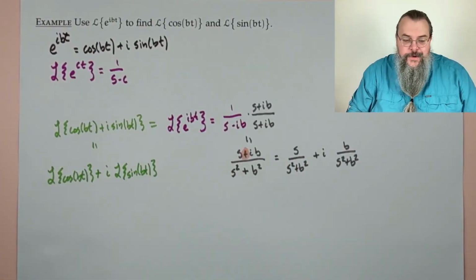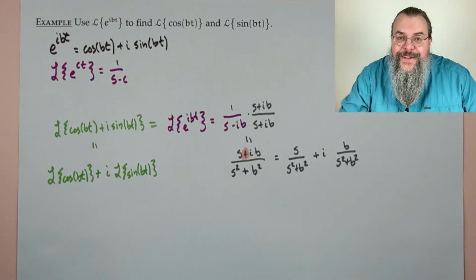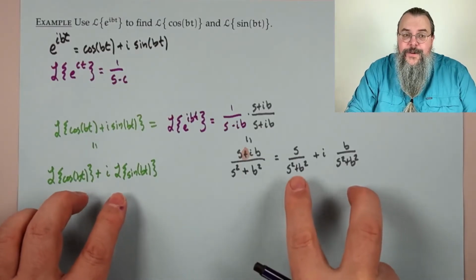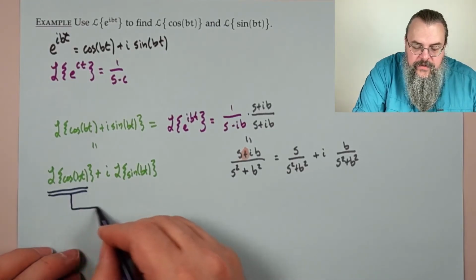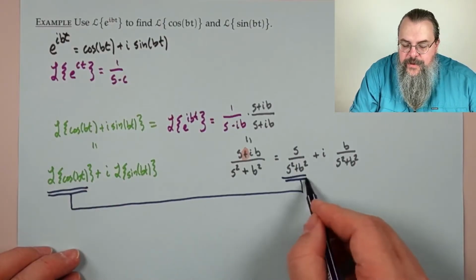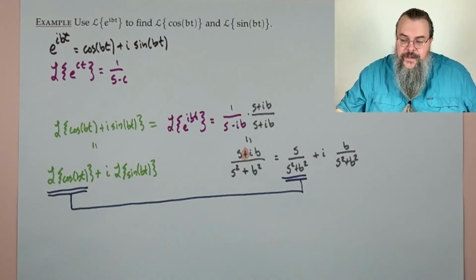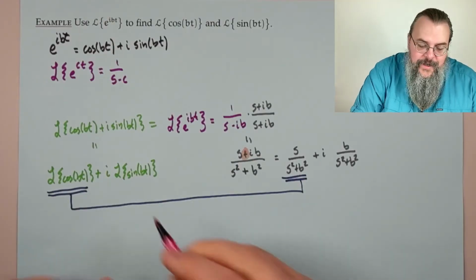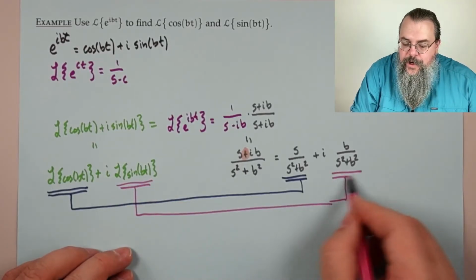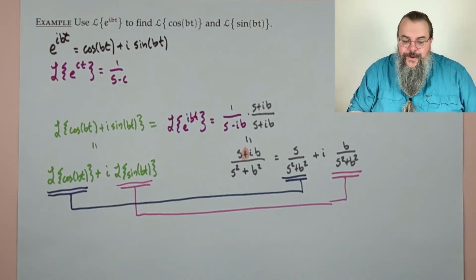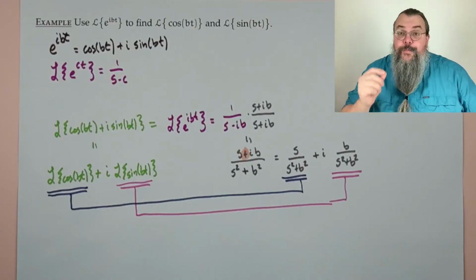And now what can we do? Well, look, real recognizes real, right? Because these things are equal. So that says that the Laplace transform of cosine bt, that's the real thing, matches up with our real thing over here. And by a similar argument, the imaginary part, which is the Laplace transform of sine bt, matches up with our imaginary part over there. So our two new rules, two for the price of one, bargain.